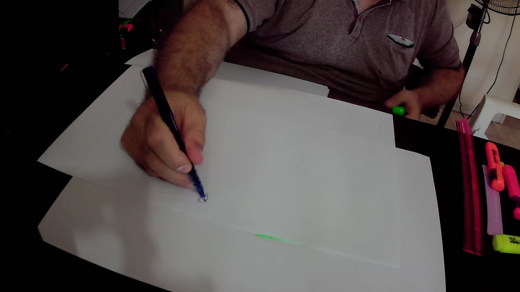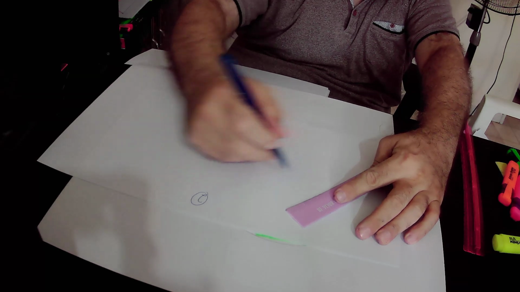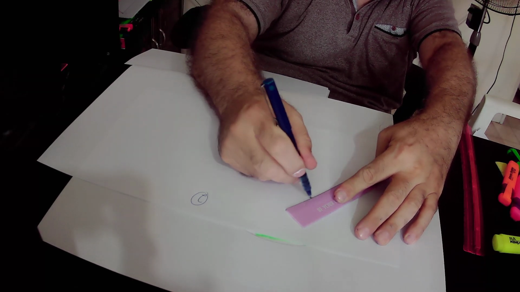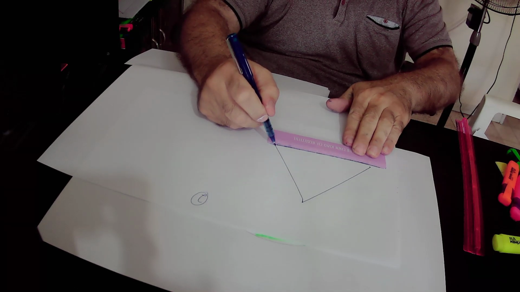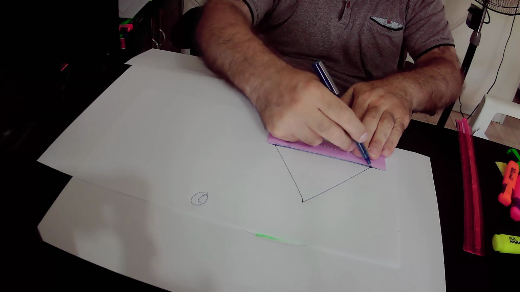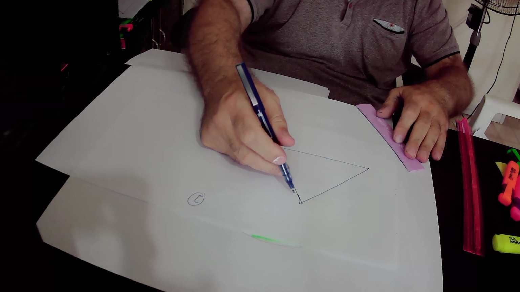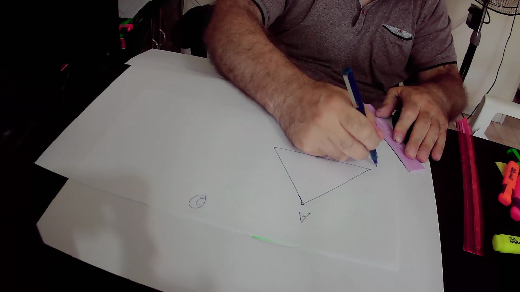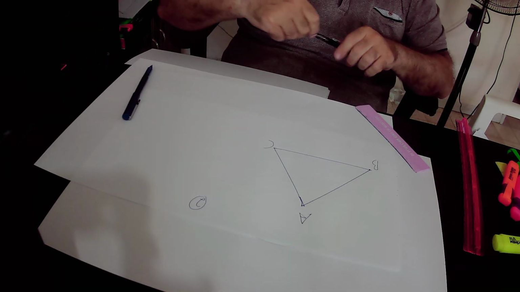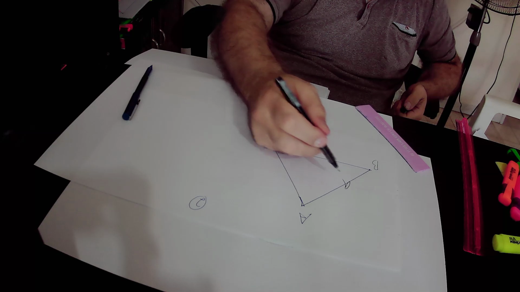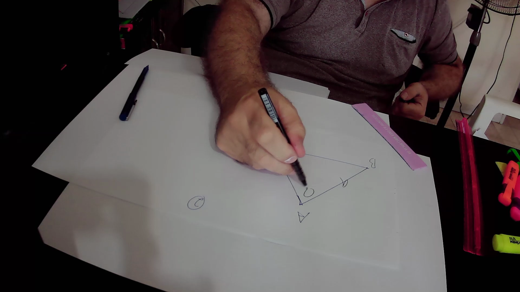If we have triangle ABC that could be any triangle, we know that the length of side AB is A units, the length of side AC is B units, and the angle between side AB and side AC is theta.